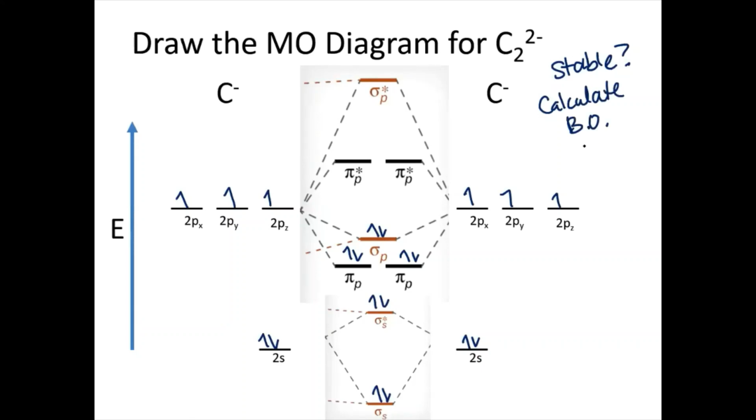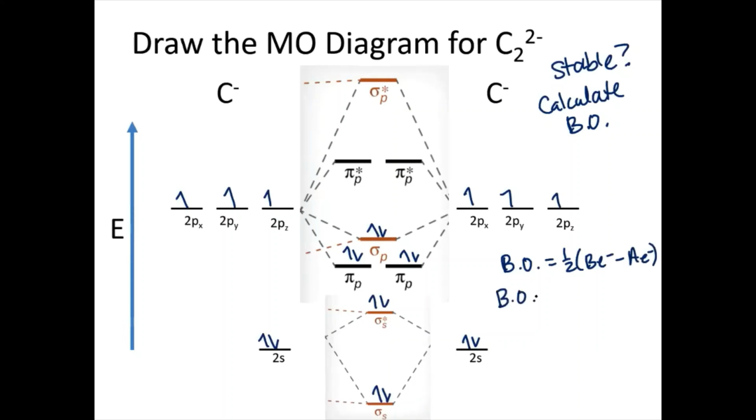Right, because the bond order, how many electrons are in between the two carbon atoms, is going to tell me how stable this is, right? So if you remember, bond order equals 1/2 times the bonding electrons minus the anti-bonding electrons.